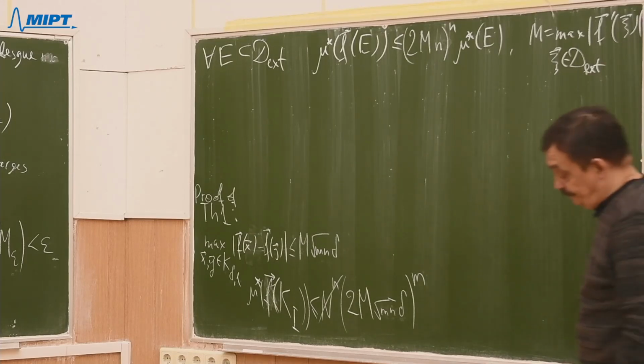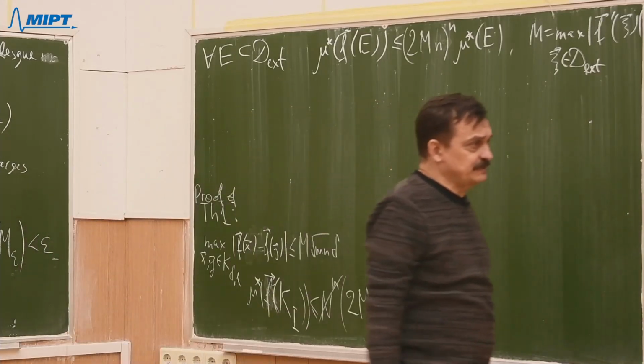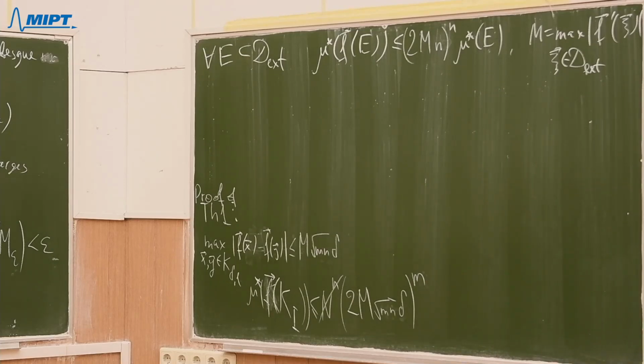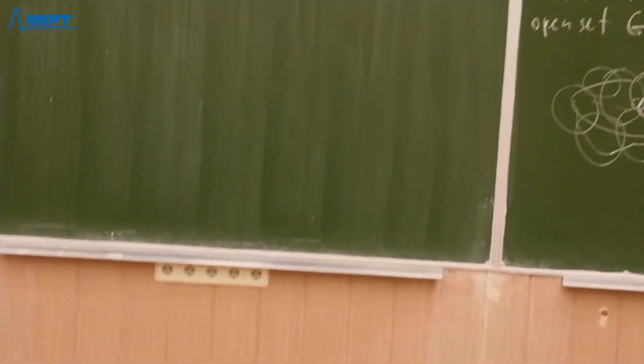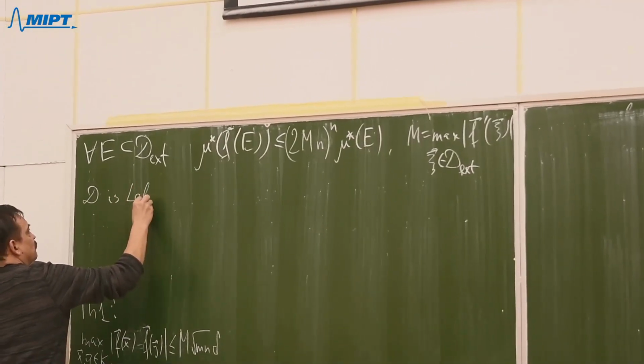Now I can proceed further in the proof. Now we come to our bounded Lebesgue measurable set D. D is a Lebesgue measurable set.